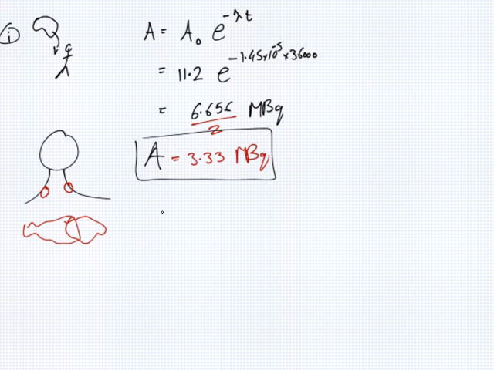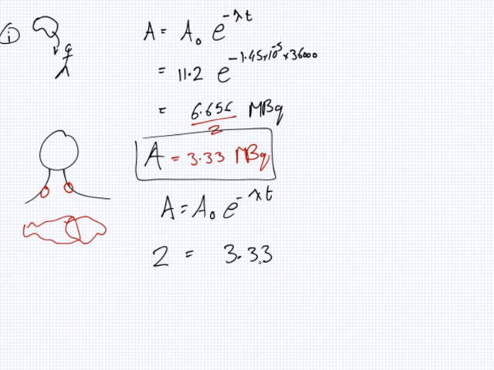Well, anyways, I at least hope you use this formula. Here is 2, and here is 3.33. Now, if you didn't use 3.33, what did you use? We use the initial A0.